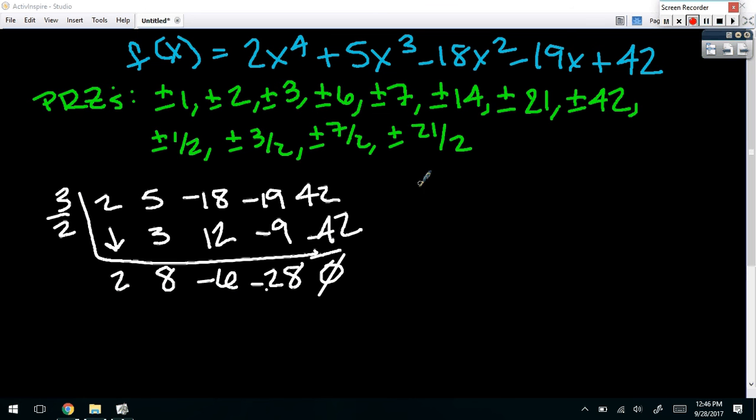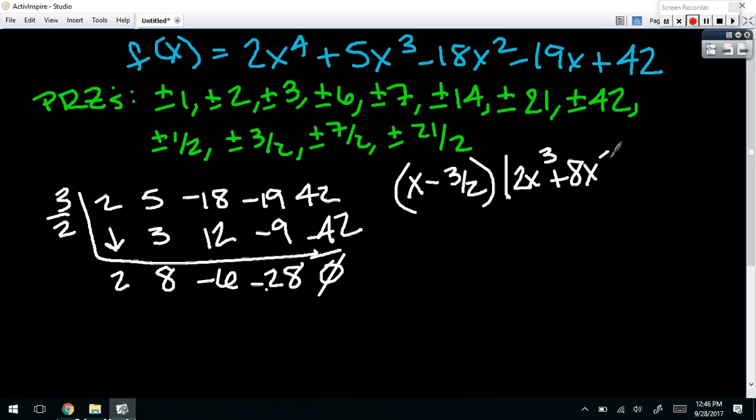All right, so I've got x minus 3/2. That's a factor because when you divide by a 0, it gives you the factor. Times 2x cubed plus 8x squared minus 6x minus 28. Now I need to factor this. The very first thing that pops out to me is they are all divisible by 2.